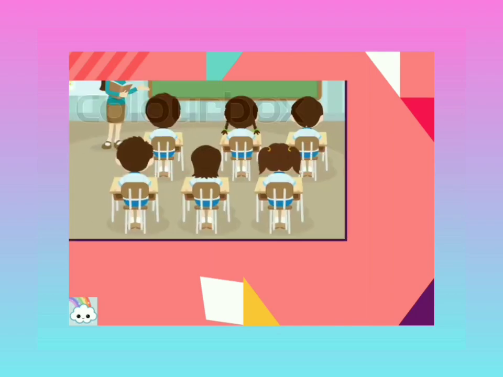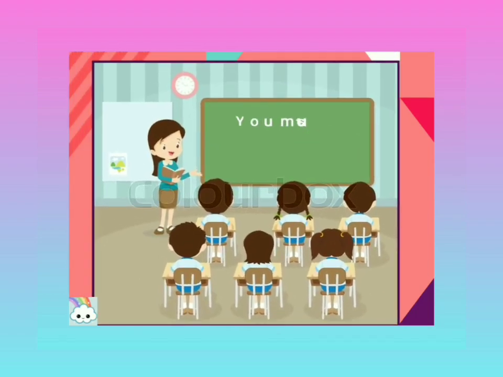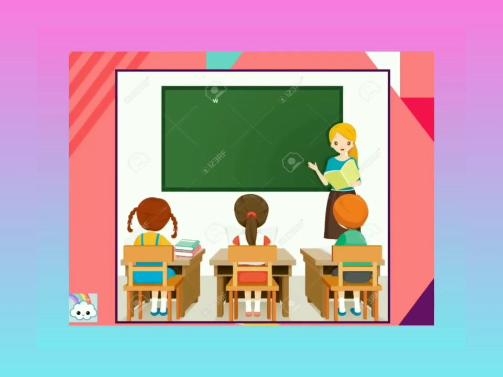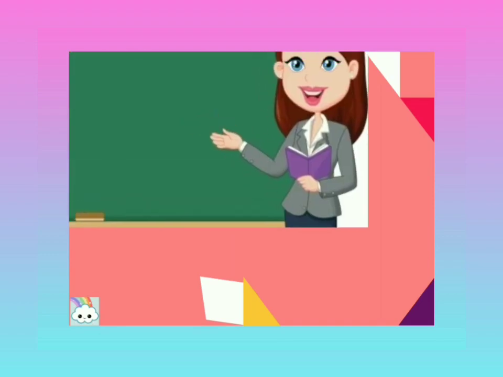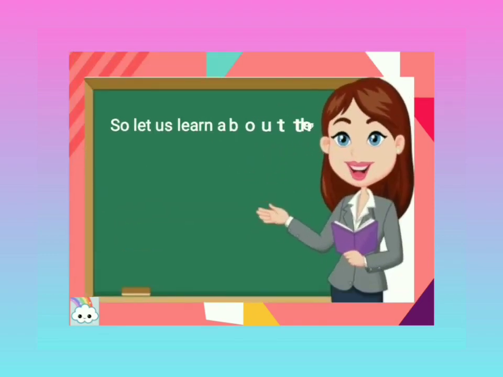You must be wondering how these physical features have been formed. We will learn more about major physical features of India and how they have been formed in this chapter only. So let us learn about the rocky surface of the earth.